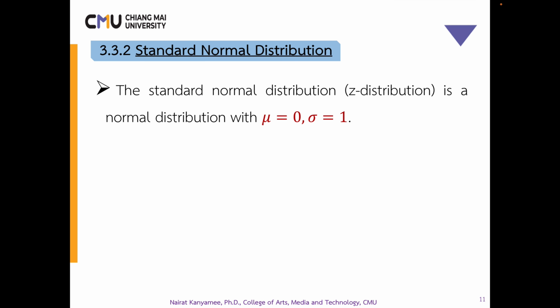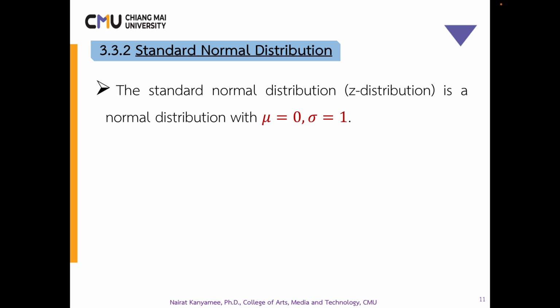All right, let's see more. For the normal distribution, we have a special type, the so-called standard normal distribution. We will be studying this because it is easier to find the values, and if we find the value with the standard normal distribution, then we can transform it to a non-standard normal distribution.